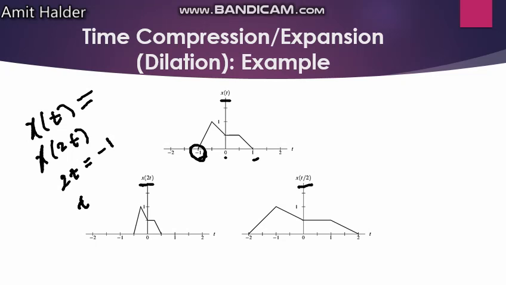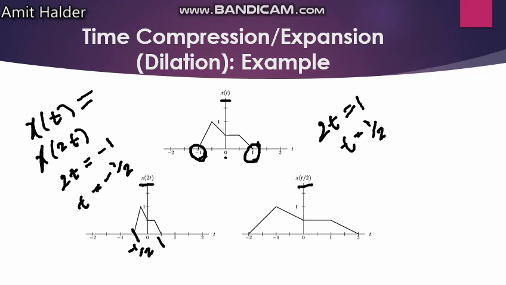That means t is equal to minus half. That is the point of minus half. Did you get that? Okay. If it is 1, the last point you can see here, 2t will be 1. So t is equal to half. That is half. And 0 is 0. There is no change.